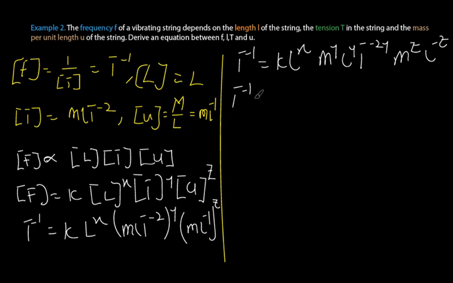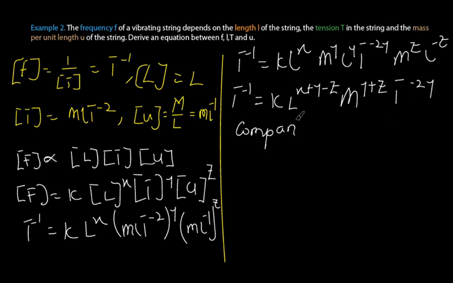We have T inverse is equal to K, then for the L we have L power X plus Y minus Z, then we have M power Y plus Z, then T negative 2Y. So from here we compare powers.